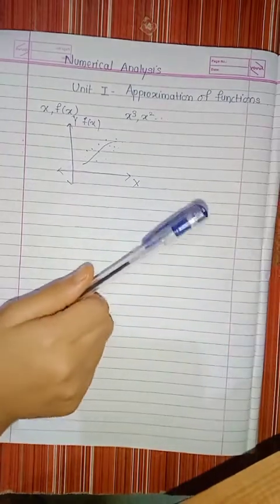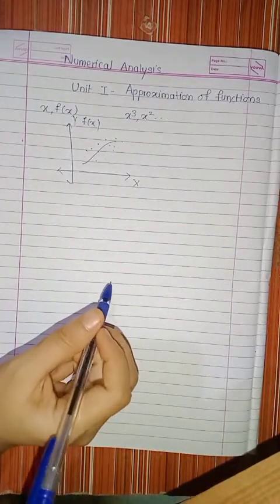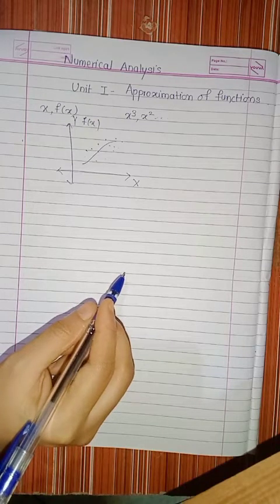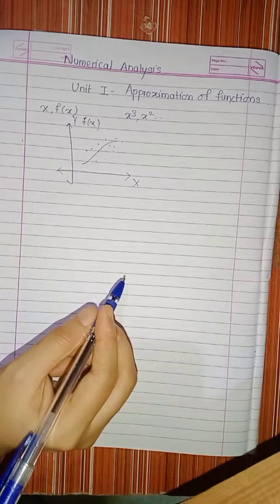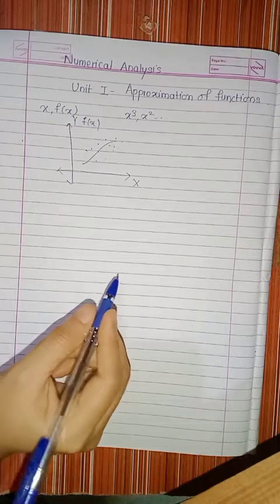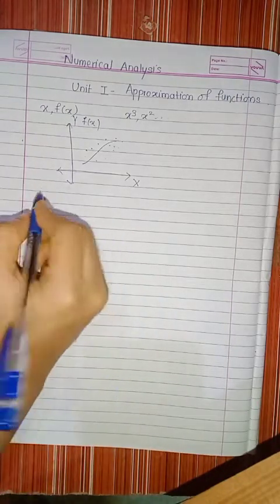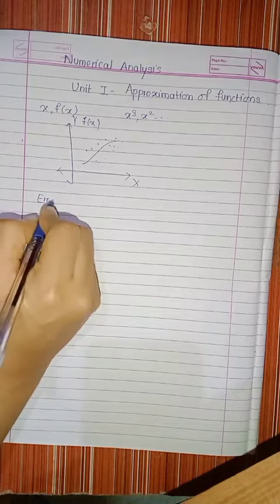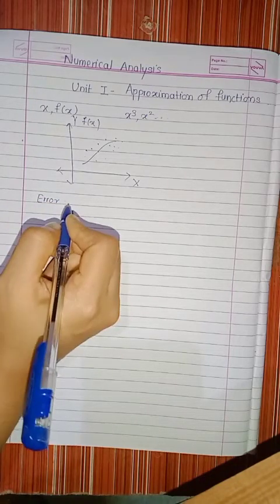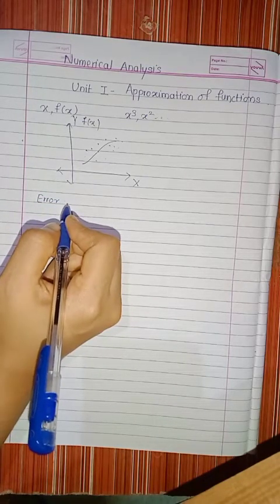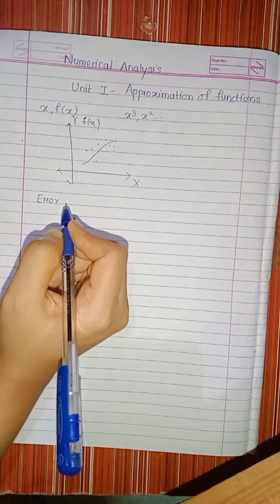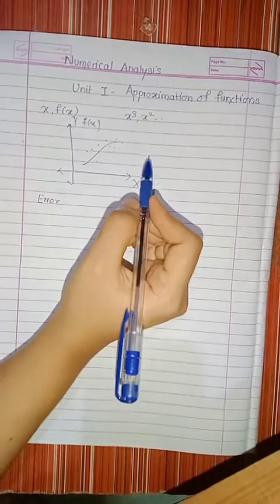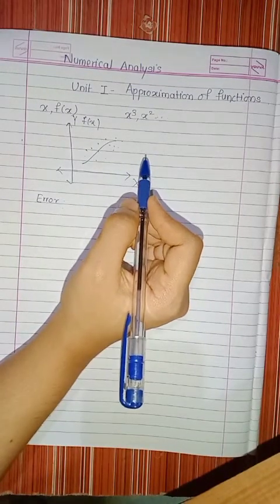So in the process of finding the best fitting curve, you will have to find the solution for the minimization of error. That means you have to find a solution which has minimum error. Now, error in terms of data fitting is what? It is the difference between the observed value or the given value and the value of the curve which we find.